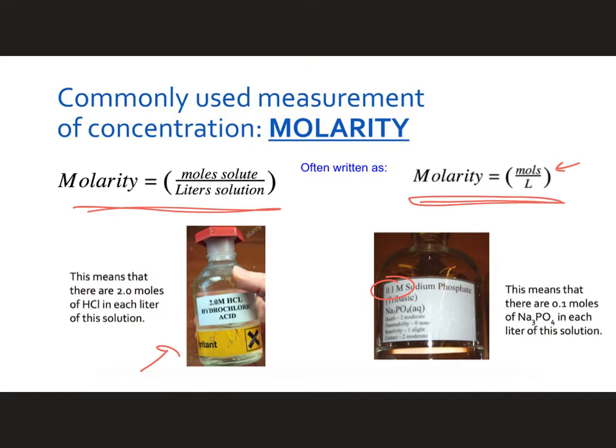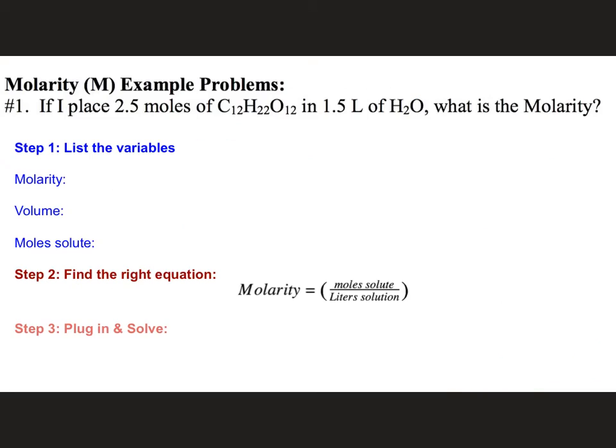So if I were to write it out, we'd have 0.1 moles per 1 liter, and that's going to give us 0.1 M, and we are going to do a lot more of those calculations next.